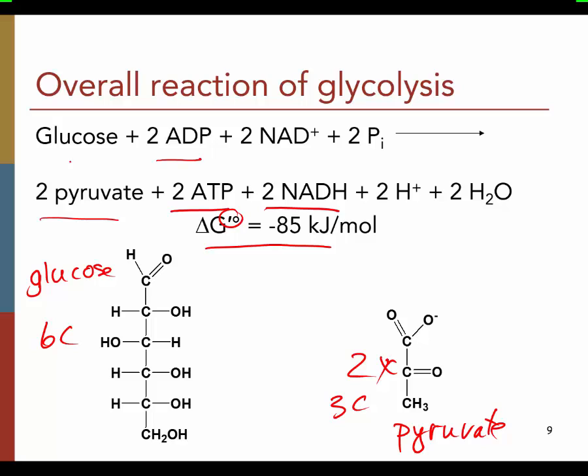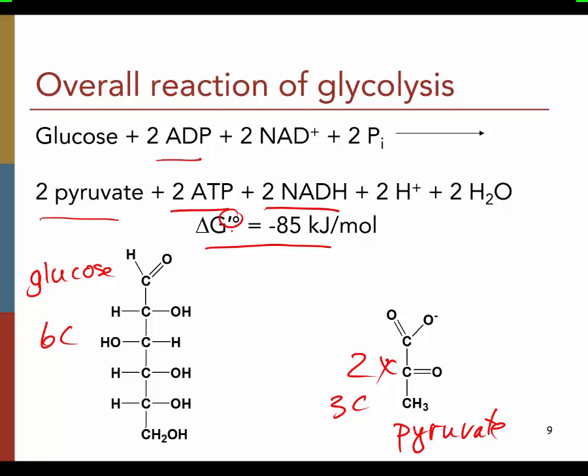So biological standard state is 1 millimolar magnesium and a pH of 7, which is not 1 molar protons. So those are the concessions for biological standard states. The prime means biological, the little naught means standard state.